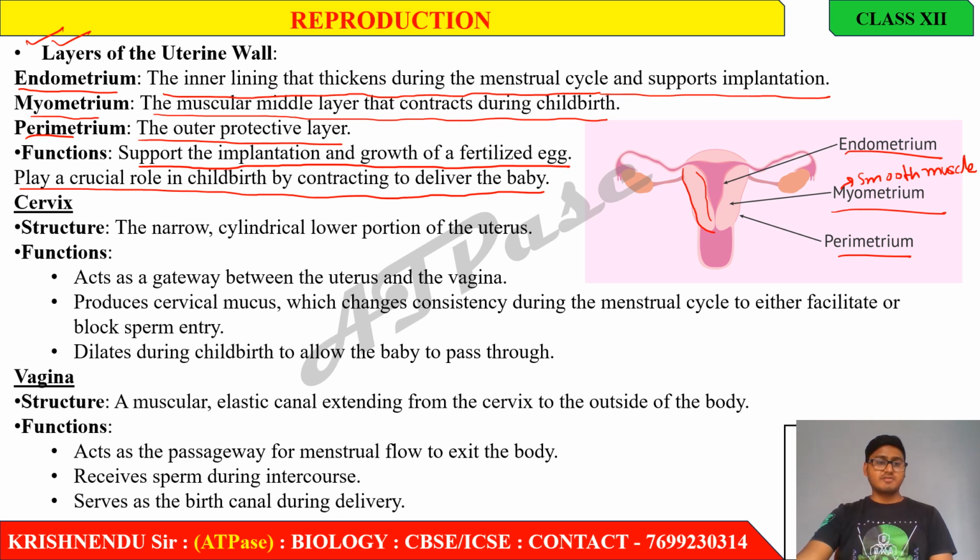Next, what is the cervix? The cervix, the structure: the narrow cylindrical lower portion of the uterus is known as the cervix, and the function of the cervix is that it acts as a gateway between the uterus and the vagina. So this is the checkpoint or gateway between the uterus and vagina. This is the vagina, and this is the uterus.